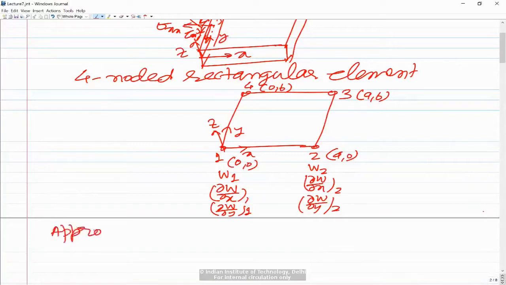We said the approximate solution for this element, w, is a function of x and y.